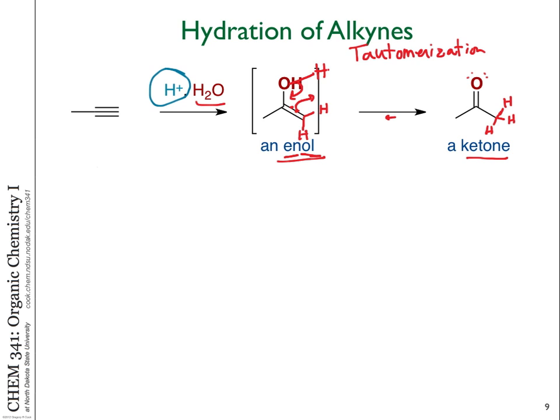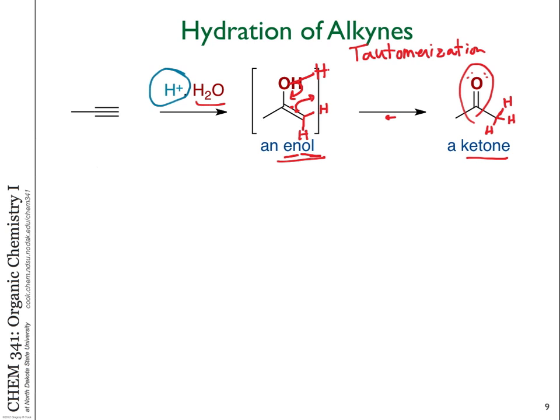One way to remember the product, though it's not correct in terms of this specific chemistry, but if you want to generalize: think about adding two waters. It doesn't really add two waters, but if you add two waters to the middle, you form two bonds to an oxygen. Two bonds to oxygens, but it ends up as a ketone, not two OHs.